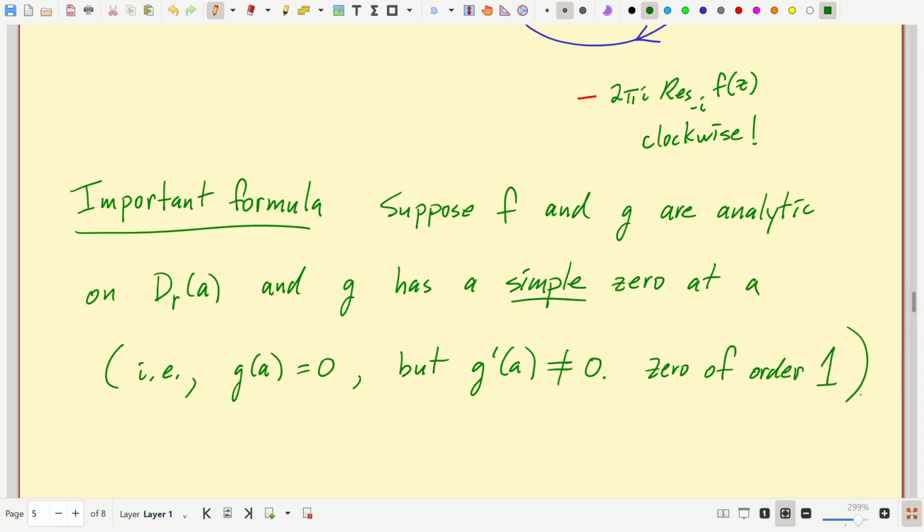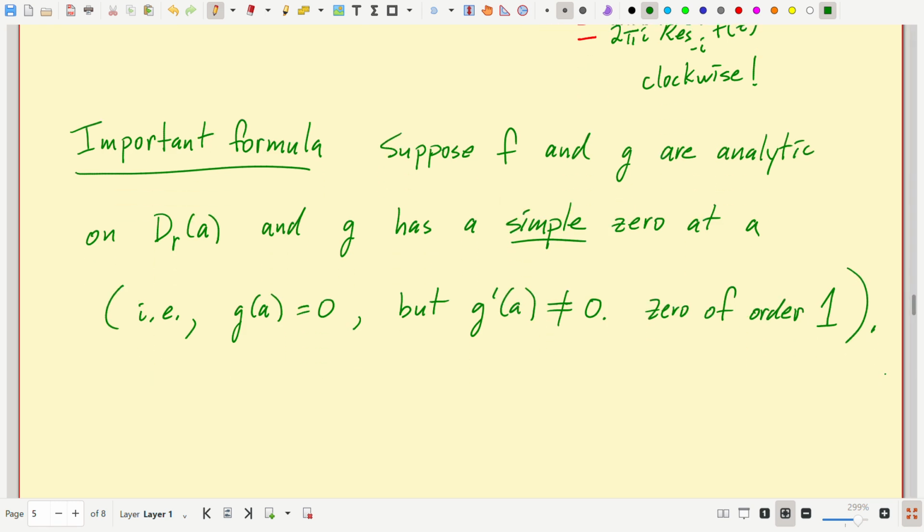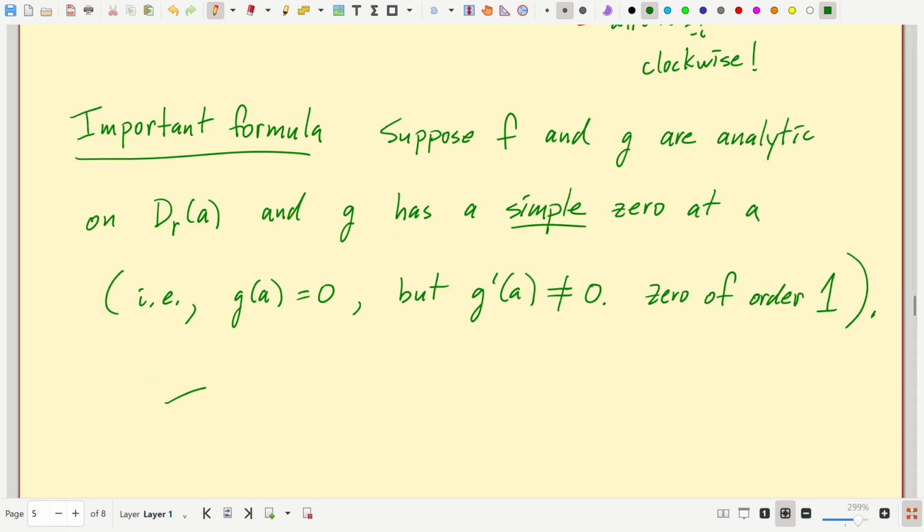That's what it means to be a simple zero. Then the important formula is: the residue at a of f over g is f of a over g prime of a.